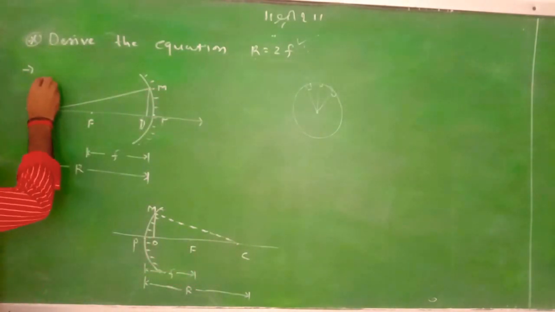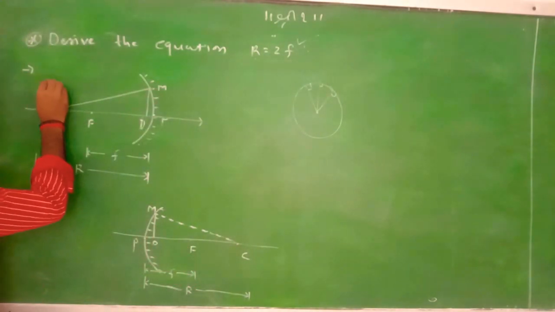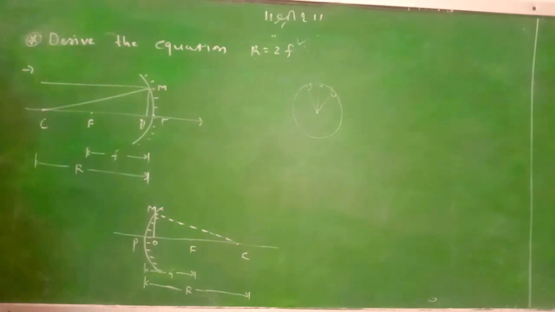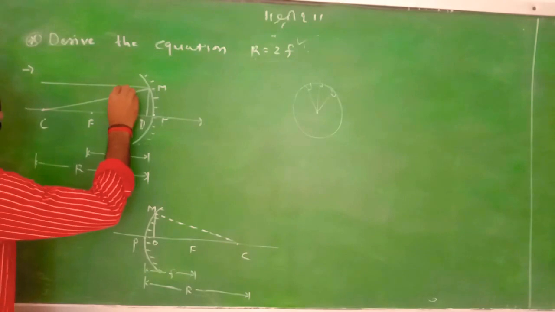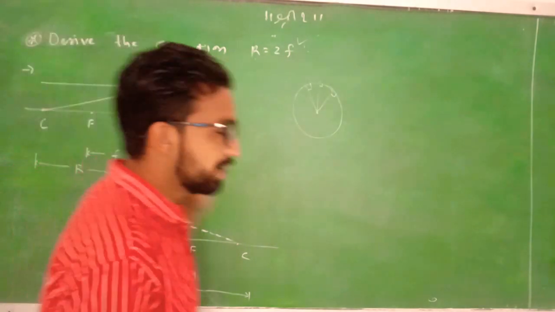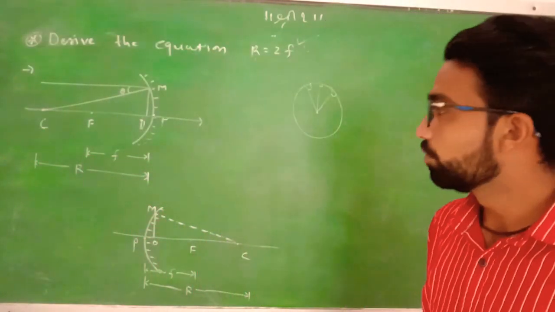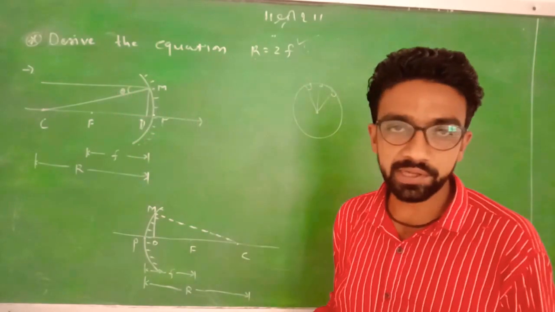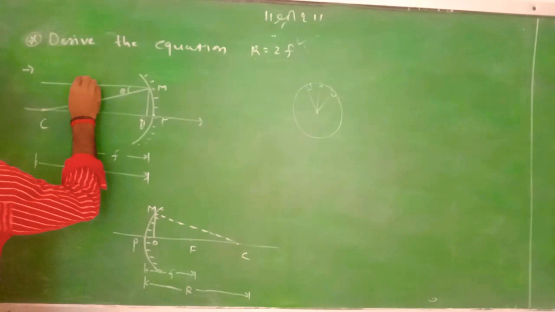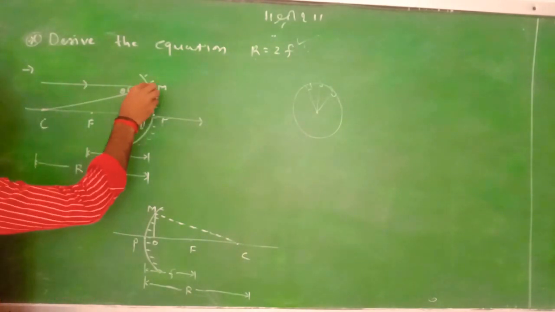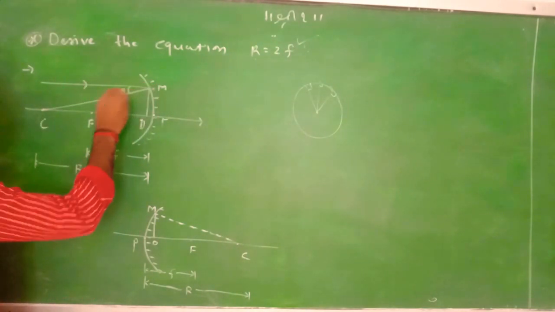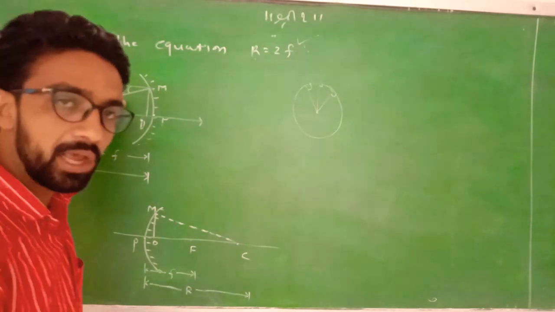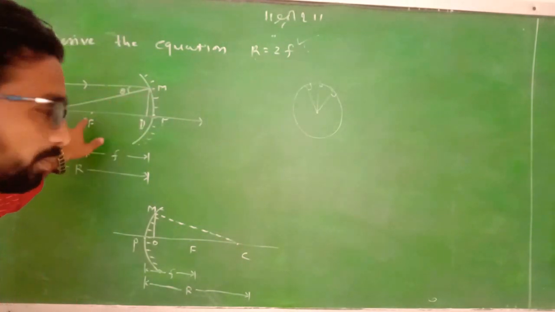Now consider one ray that is parallel to the principal axis and incident at this point M, making some angle theta. Does this ray follow the reflection rule? What is the reflection rule? The incident angle and reflected angle are the same. So the ray is reflected such that it makes the same angle theta. Also, this is a parallel ray, so after reflection the ray passes through the principal focus.